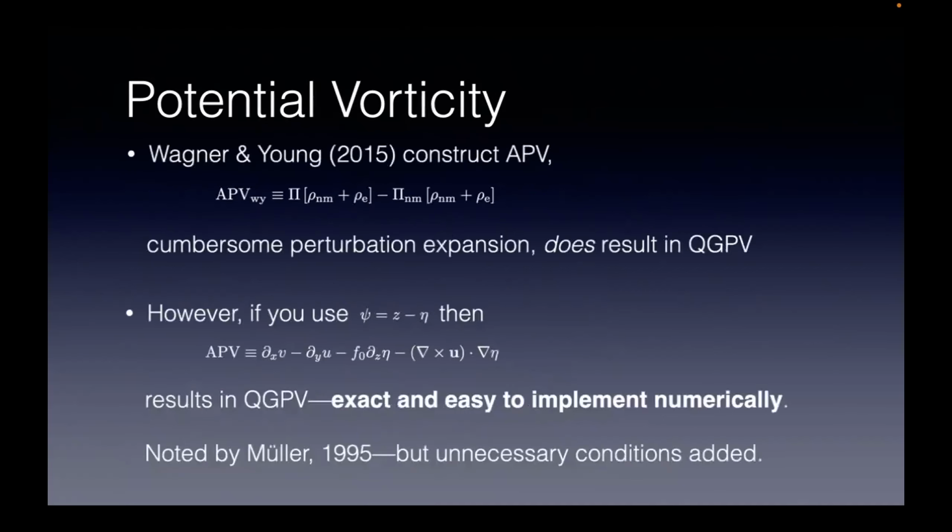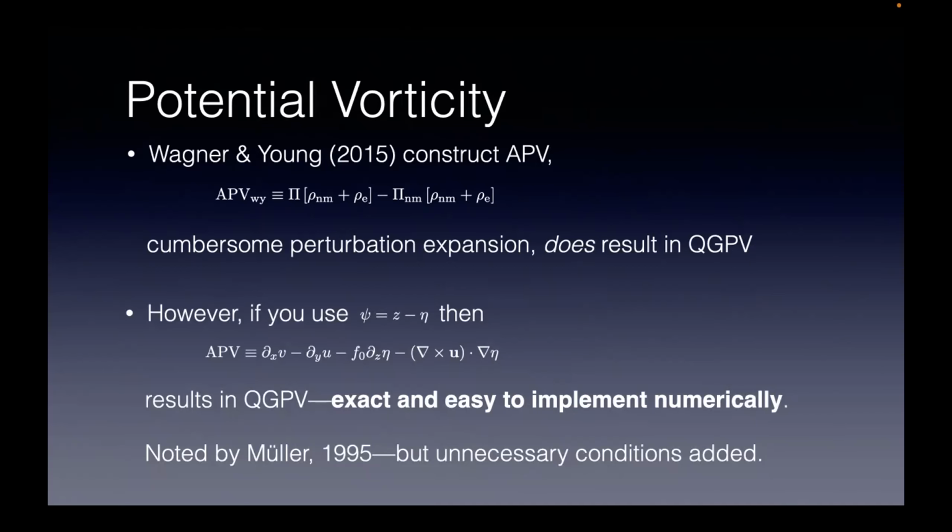So Wagner and Young in 2015 have this form of APV where they try to solve this problem, and this does work, but you end up with this perturbation expansion that is trickier than it looks in the paper to actually go expand. And so it's fine, it helps, but it's not an exact closed solution.